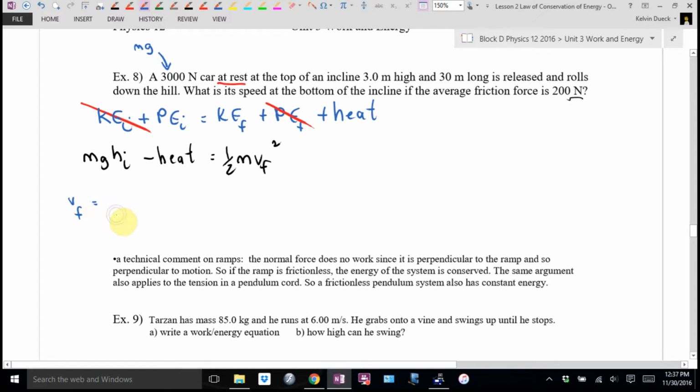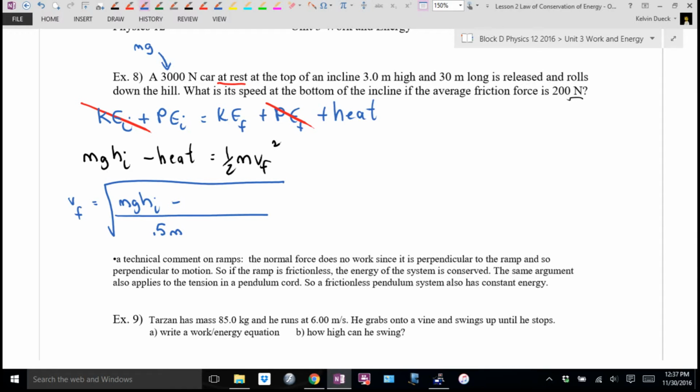VF is going to be divide by 0.5 m. It's going to be a big square root. And I have mgh initial minus, and then I'm going to pause. How the heck could I write heat? Or how can I figure out heat?